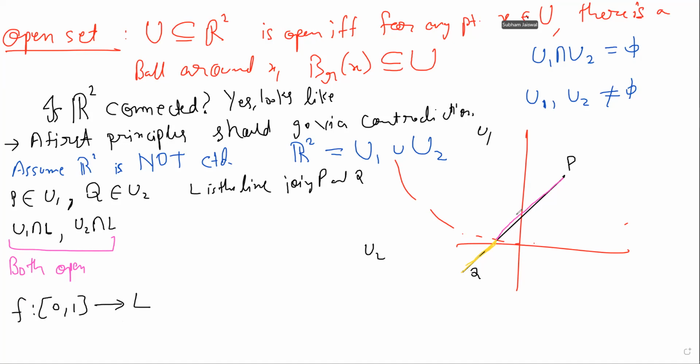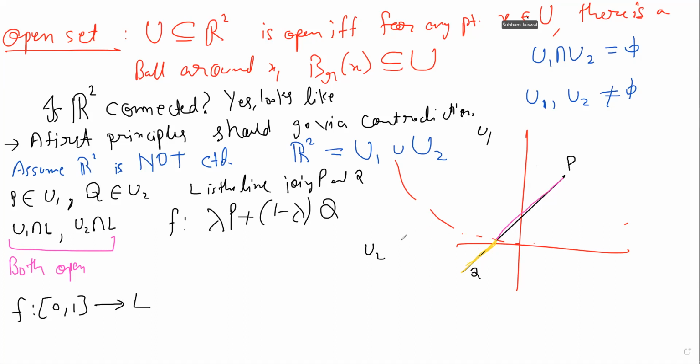I mean, yeah, so you can just take a line like this, lambda p plus (1 minus lambda) q, right? This function, you can take this as f, which starts at q and ends at p. Okay, so do you see that this is the function, right? This will be the function that is taking [0,1] to L, traveling from q to p.